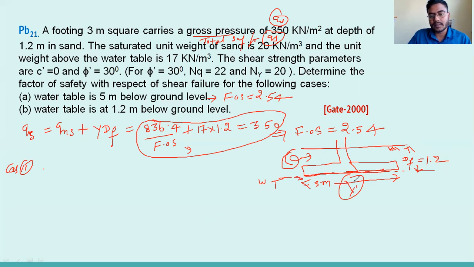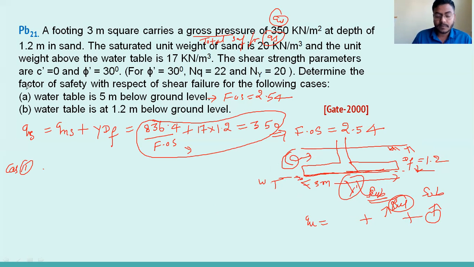So what is the meaning of this? It means, for the bearing capacity of soil, in the third expression, the weight of the soil beneath the footing will be in the submerged condition, but the overburden will be in the bulk condition. So this is very important.